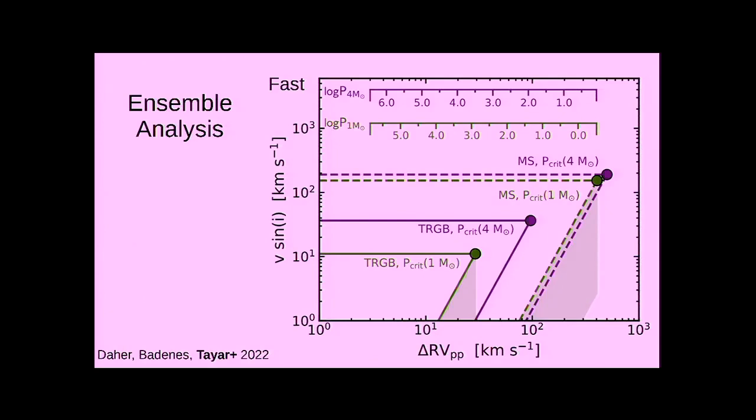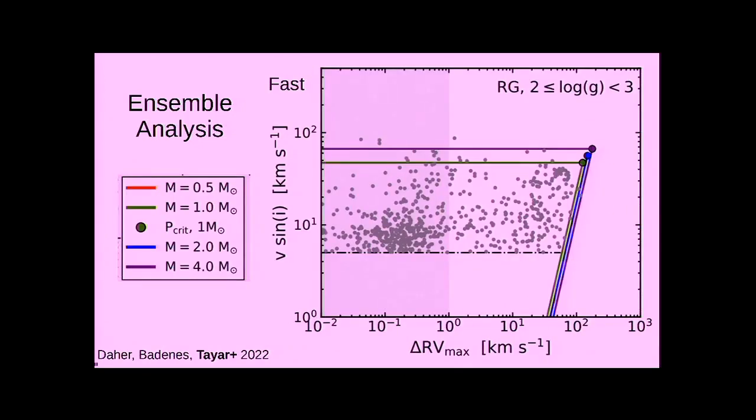And if you have a closer companion that's larger, you're going to spin up more. And so you can draw these kinds of lines of what you would expect for the rotation to do as a function of the interaction with some companion. And you can go out and measure the distribution of rotation periods as a function of the radial velocity variability of those stars, and you see something that roughly matches what your expectations are.